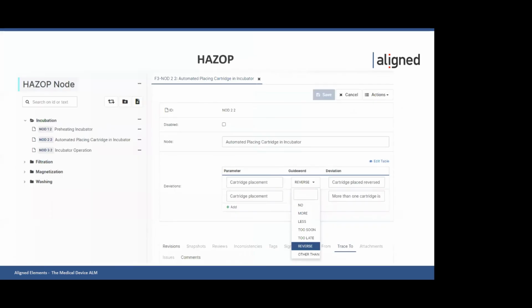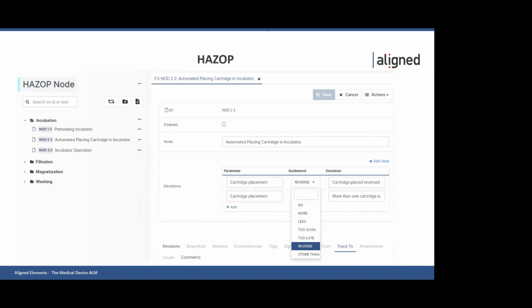And what would this look like in a system like Aligned Elements? Well, you would then identify your HAZOP nodes. And when I did this, I realized that this looks very familiar to the process that I see a lot in IVD products. Because IVD products, or some of them at least, are very process-like: you run a diagnostic test, you start with a blood sample, then that blood sample gets processed somehow.